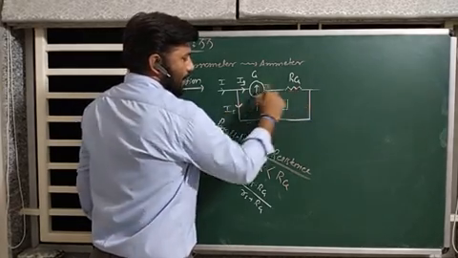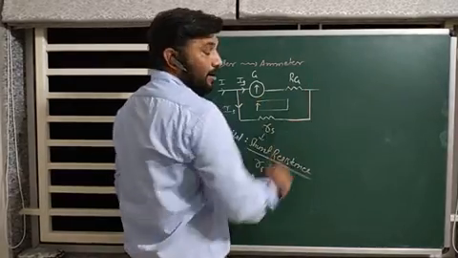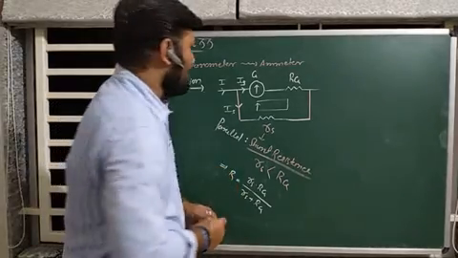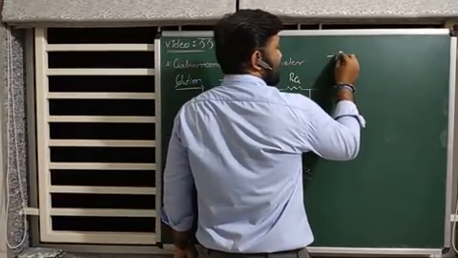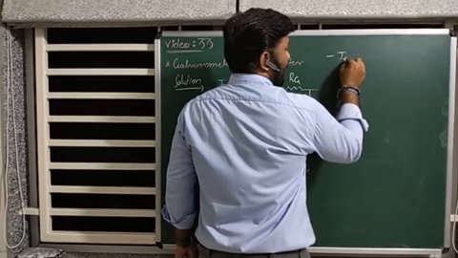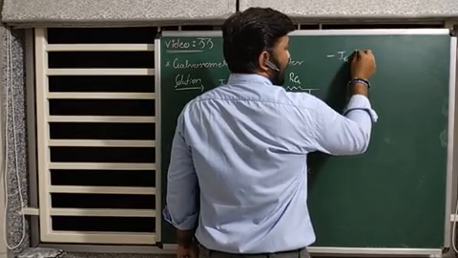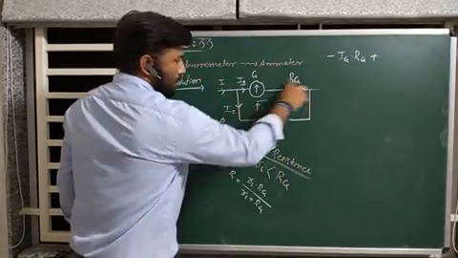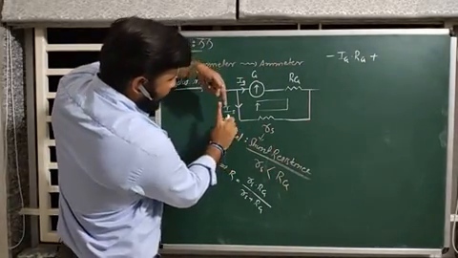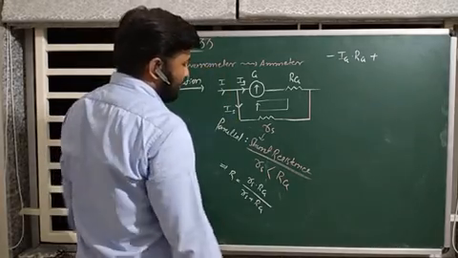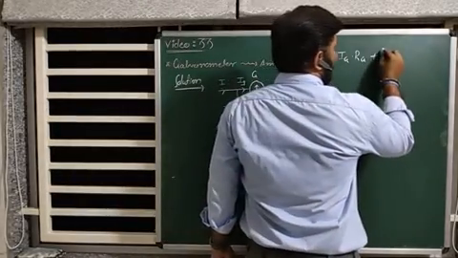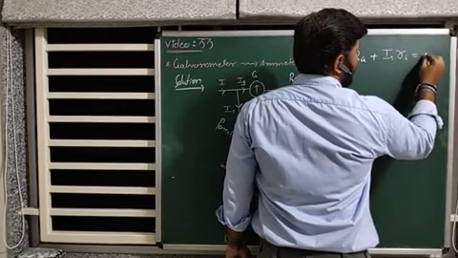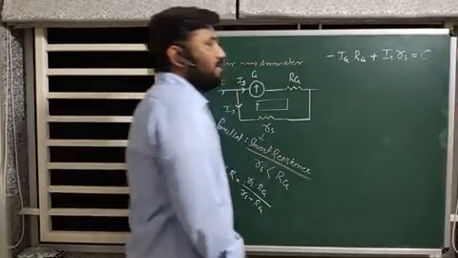According to Kirchhoff's law, the current is in our direction, clockwise, so there is a minus sign: minus Ig multiplied by Rg plus, why plus? Because the electric current is in our direction, plus Is Rs is equal to, there is no battery, so 0.